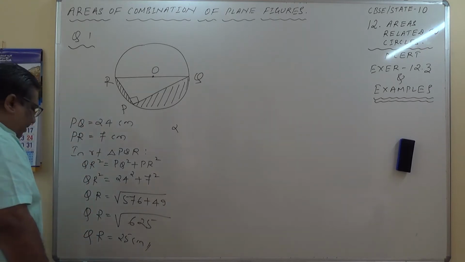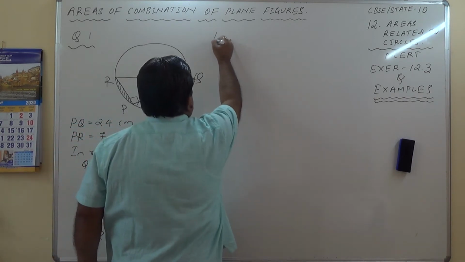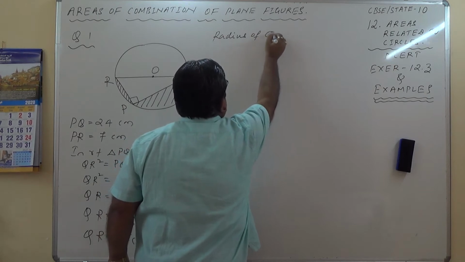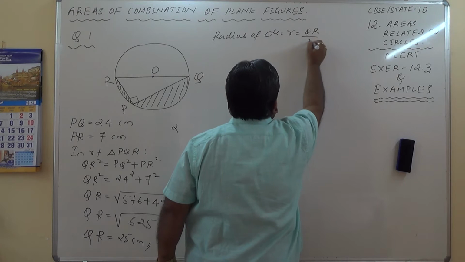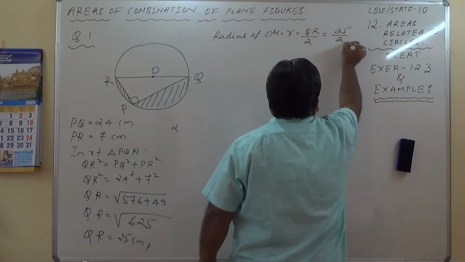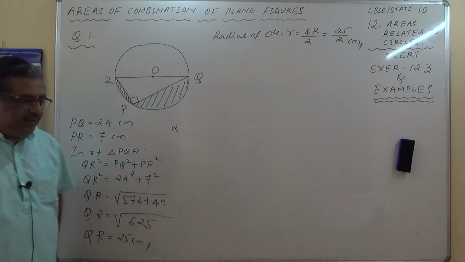Yes, QR is 25 centimeter. Now radius of the circle is R equals QR divided by 2, which is 25 divided by 2 centimeter. Is it correct?